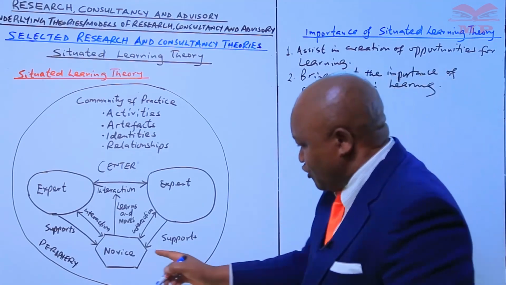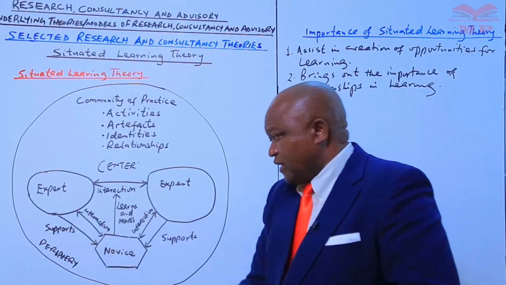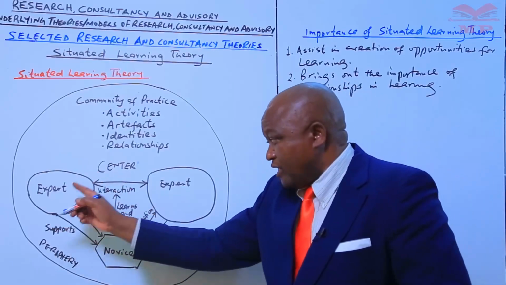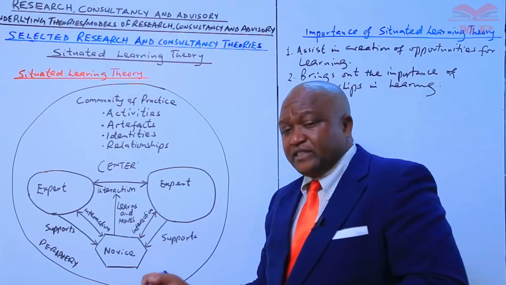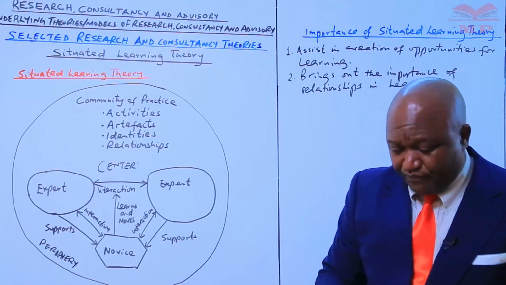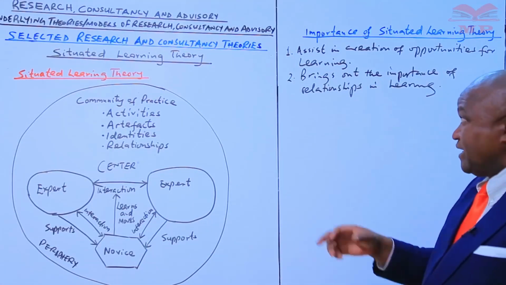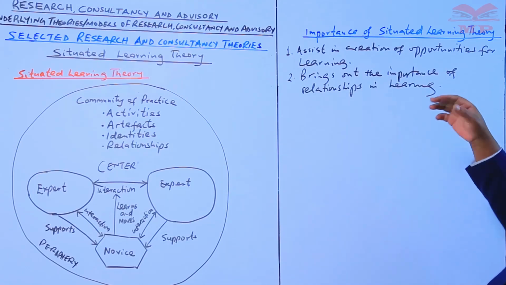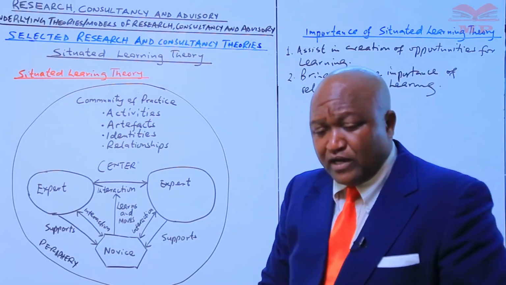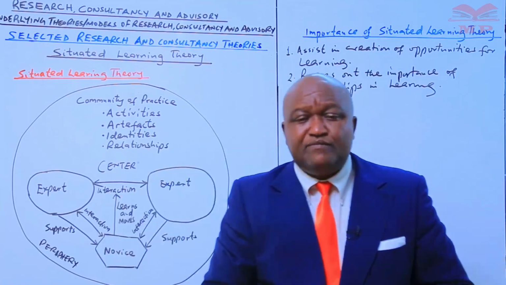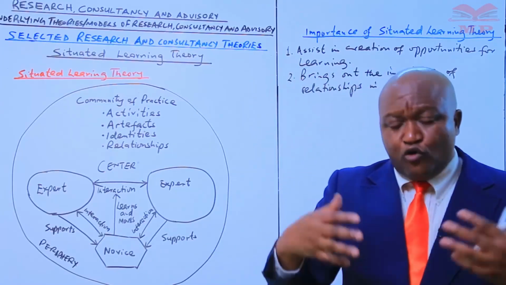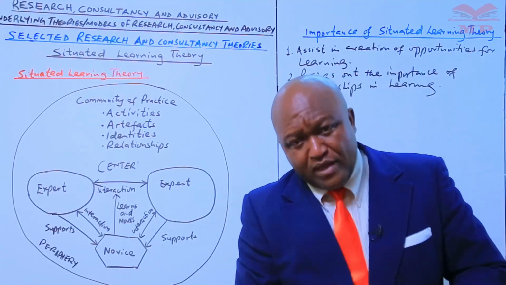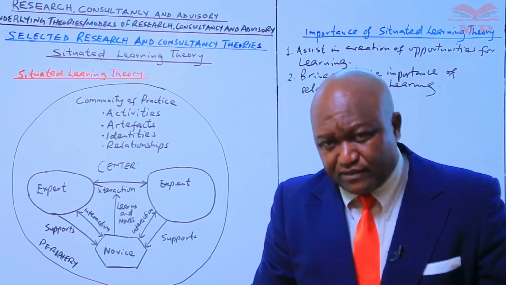Like in this case, you have a novice, you have an expert. So this novice must find a way of interacting with the expert. The expert must find a way of interacting with the novice for that particular learning to take place. And that issue of relationship can come out in terms of a member of a committee, a member of a department, a member of a given branch, a member of an organization, or a member of a school, or a member of a given society, as the case might be.